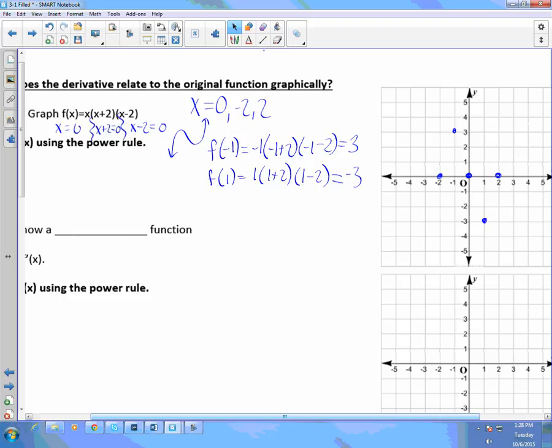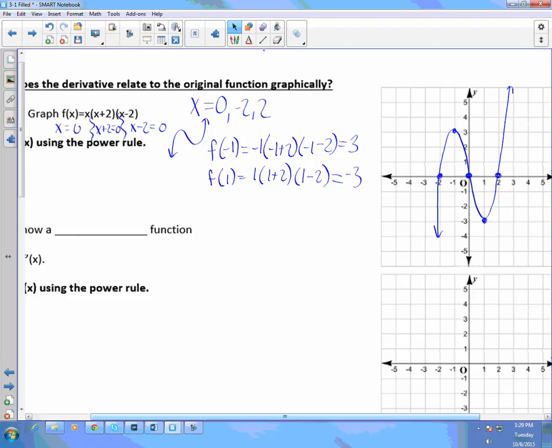Okay, let's take a couple colored pencils, pass it down. Pick a color and grab the cubic function that goes through.